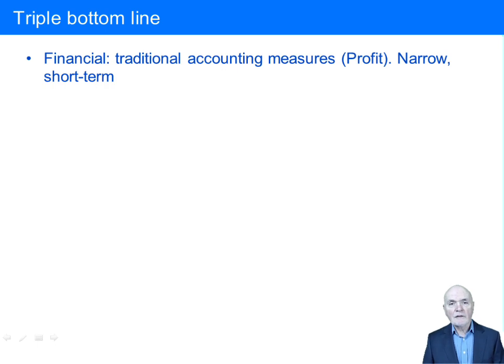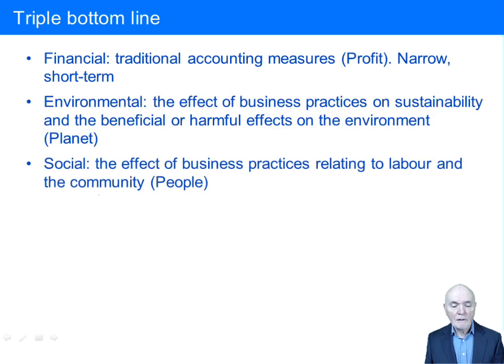So the idea of a single measure of performance is being extended somewhat in many cases. The first extension we can call the triple bottom line, and it talks about profit. It also then talks about planet, and it also talks about people. So basically, when you're looking at planet, you are looking here at the environmental effect of the business.